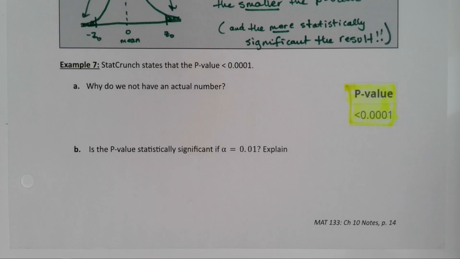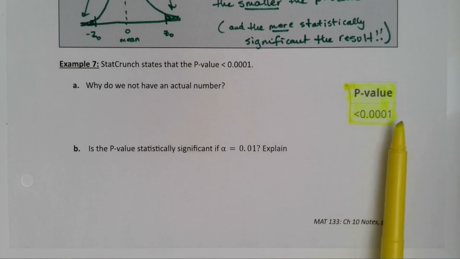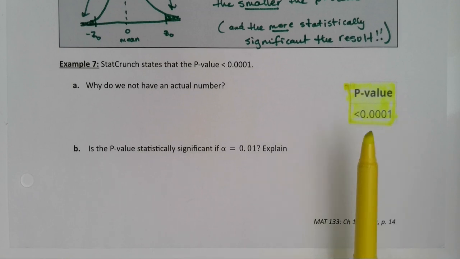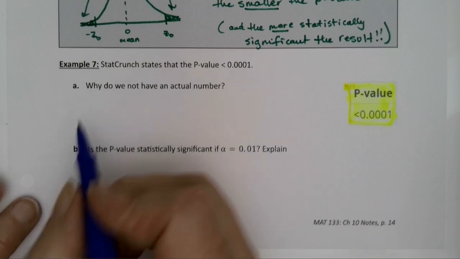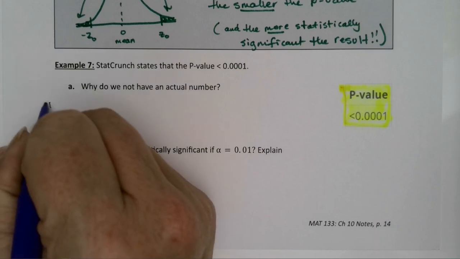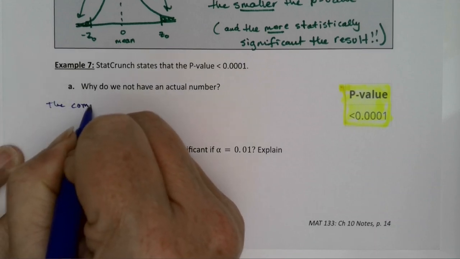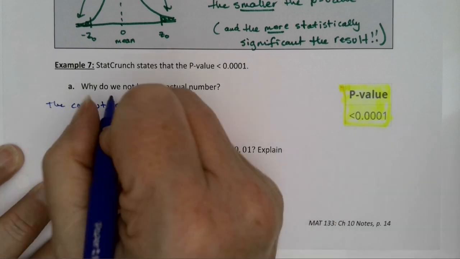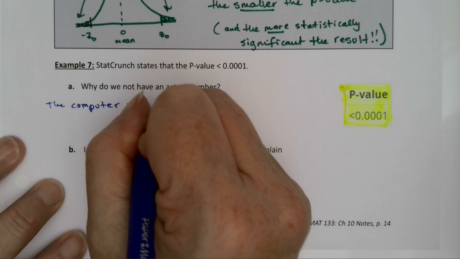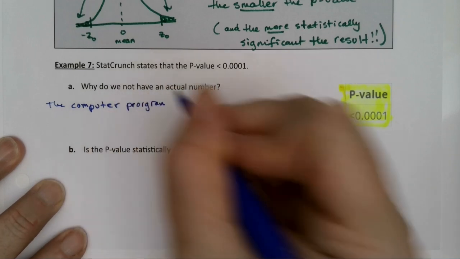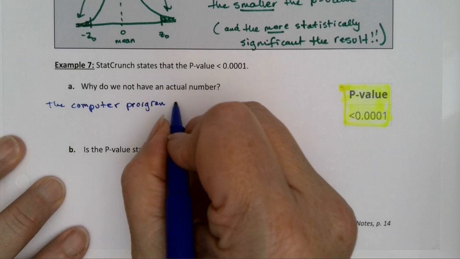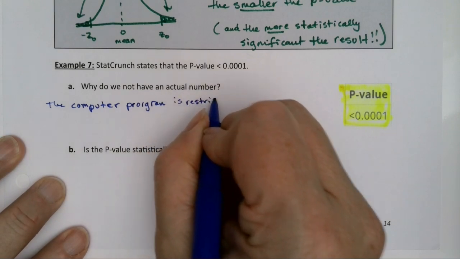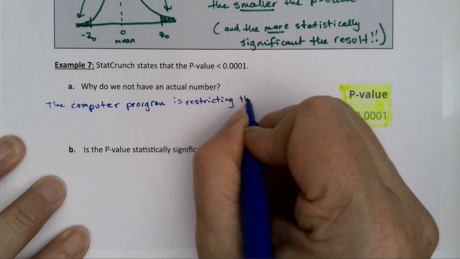The answer is basically that StatCrunch limits how many decimal places, literally how many digits it will allow in the program. Once you go past that number of digits, it won't give it to you anymore. StatCrunch does this, but actually a lot of computer programs do this. The computer program is restricting the number of digits.